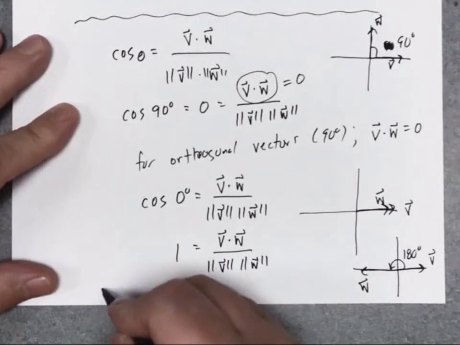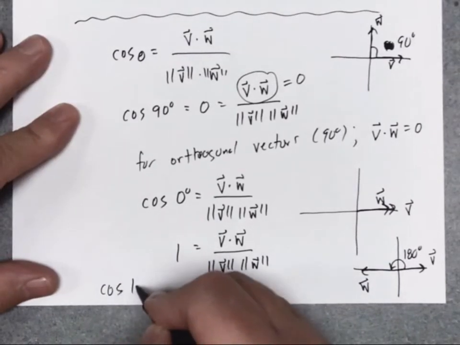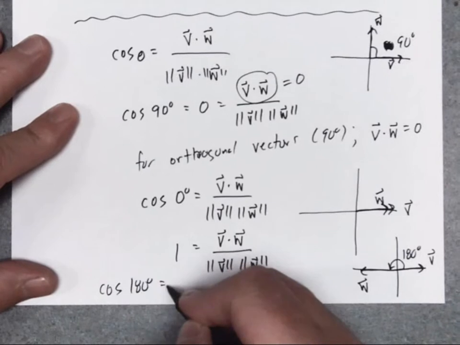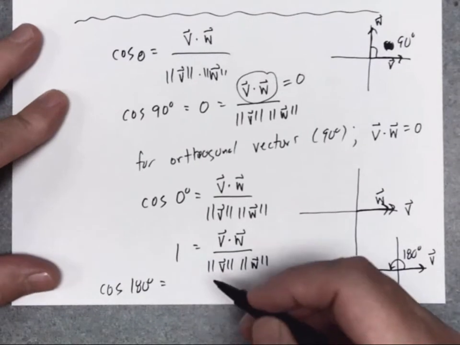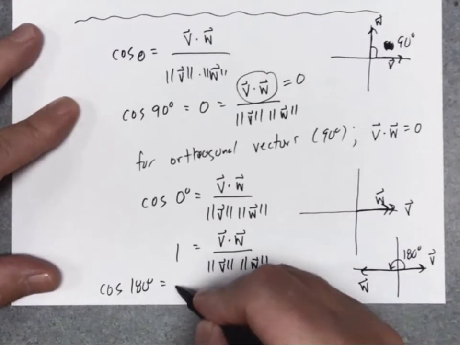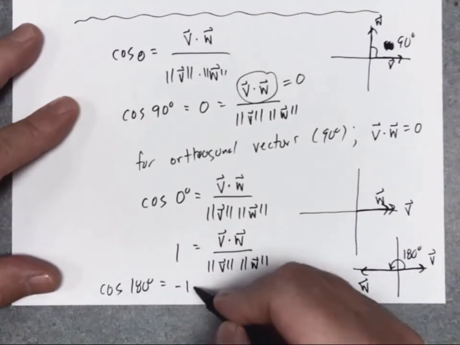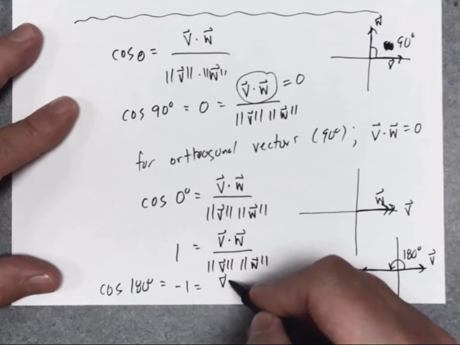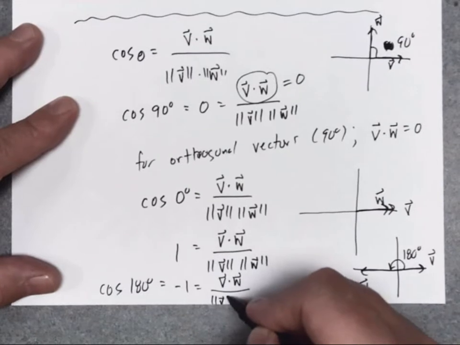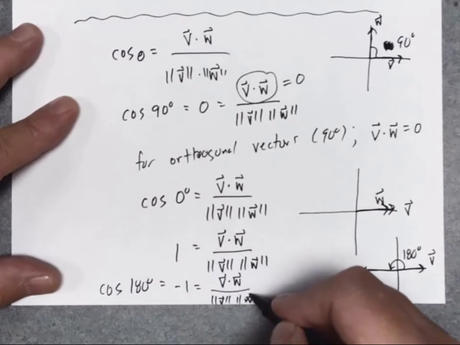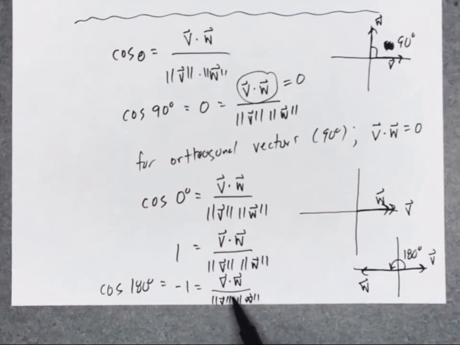So what's going to happen to this equation? Cosine of 180 degrees. What is the cosine of 180 degrees? Well, it's -1. So now this equation becomes -1 equals the dot product of VW over the magnitudes V and W.